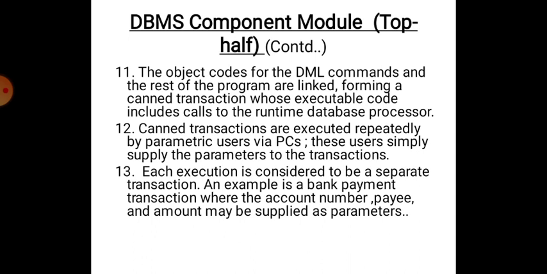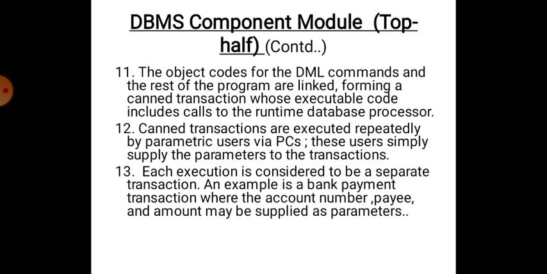Continuing the upper half, point number 11. The object codes for the DML commands and the rest of the programs are linked, forming a canned transaction whose executable code includes calls to the runtime database processor. Point number 12. The canned transactions are executed repeatedly by parametric users via PCs.